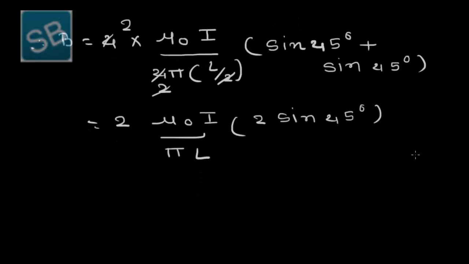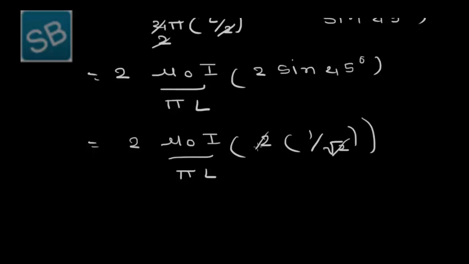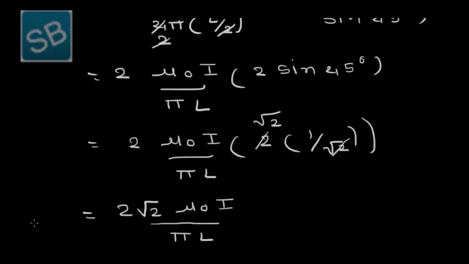And we know the value of sin 45 is equal to 1 upon root 2, and root 2 is cancelled with this above 2. So the final answer will be 2 root 2 mu 0 I divided by pi into L. So this is the magnetic field of the larger loop, or we can say at the center of the loop.